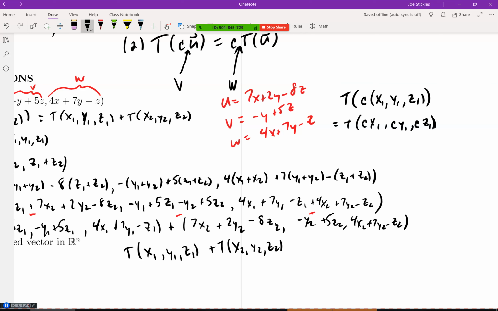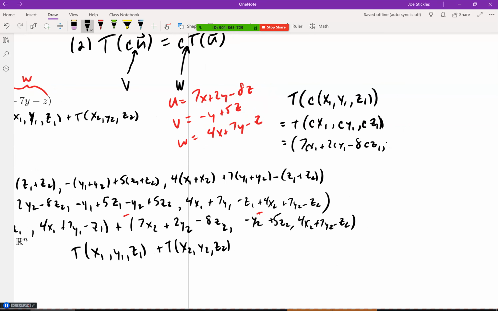And then plug this in. The first coordinate is 7cx1 plus 2cy1 minus 8cz1. So just putting cx1 and cy1 and cz1 in for u up there, if you will.